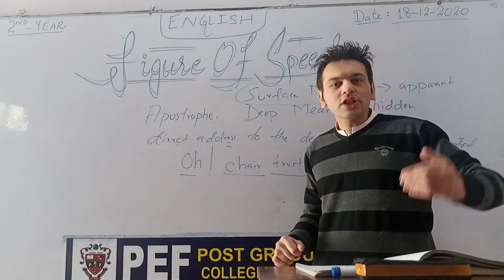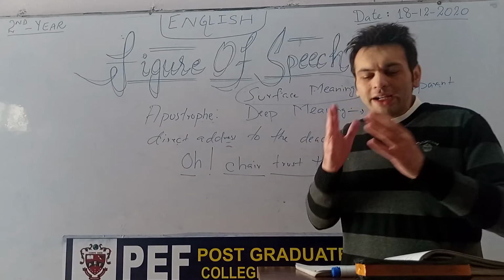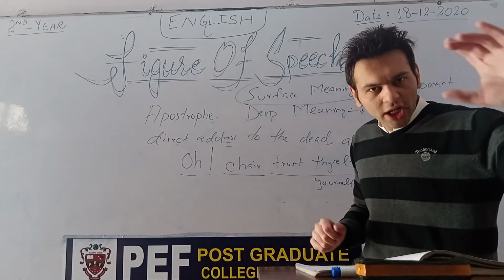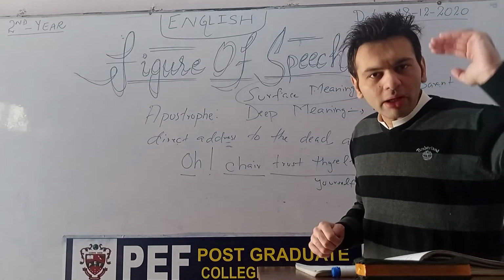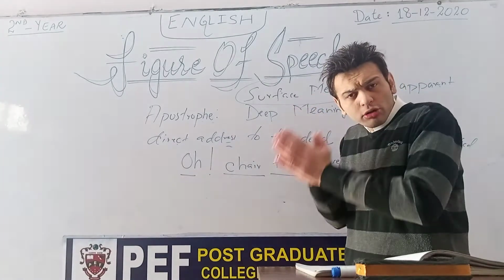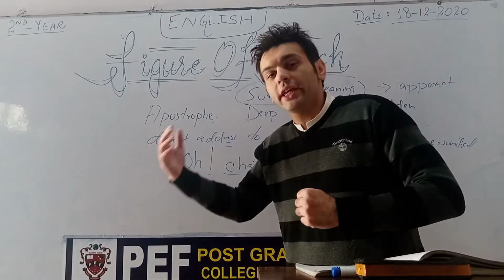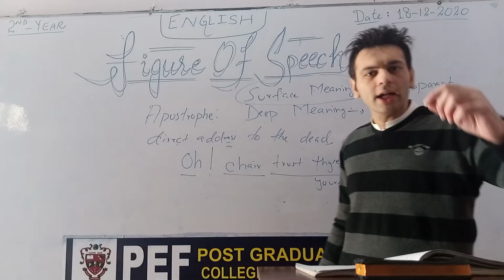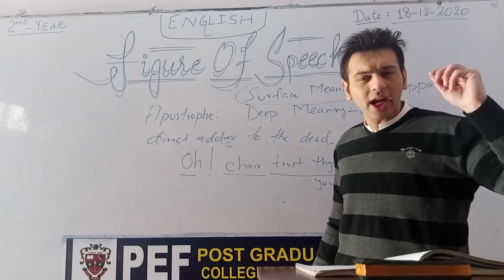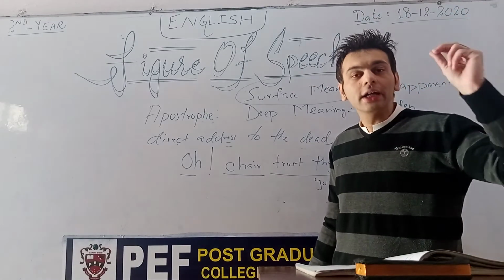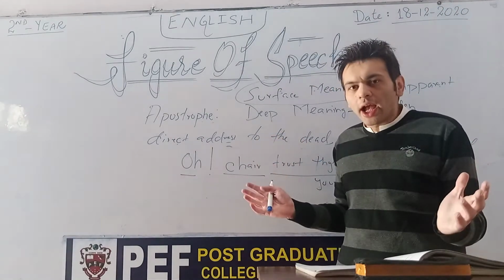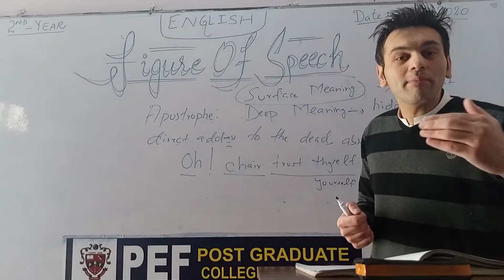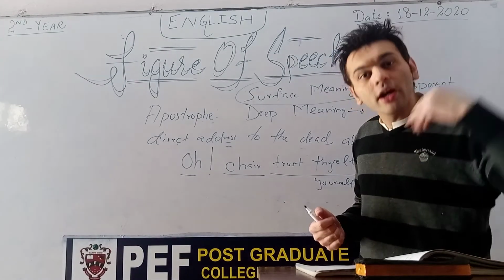We use all these different devices with an aim to achieve the maximum effect. वो maximum effect होता क्या है? या तो एक message convey करना है, या जो जाहिरी मतलब है उसका इस्तेमाल करके उसके जरिए हम deep meaning तक पहुंचने की कोशिश करते हैं. सो यहाँ पर अगर आप देखो तो apostrophe में हम क्या करते हैं कि हम एक ऐसे शख्स की तरफ इशारा करते हैं या किसी ऐसे शख्स को मुखातिब करते हैं जो कि जिंदा ही नहीं है. अब जरूरत तो नहीं है कि हम एक मुर्दा को वो करें, लेकिन हम करते हैं. वजह क्या होती है कि that there is a particular message that the poet wants to convey with the help of it.